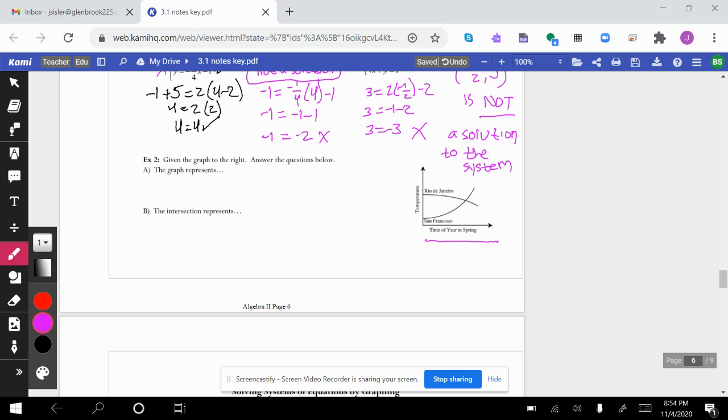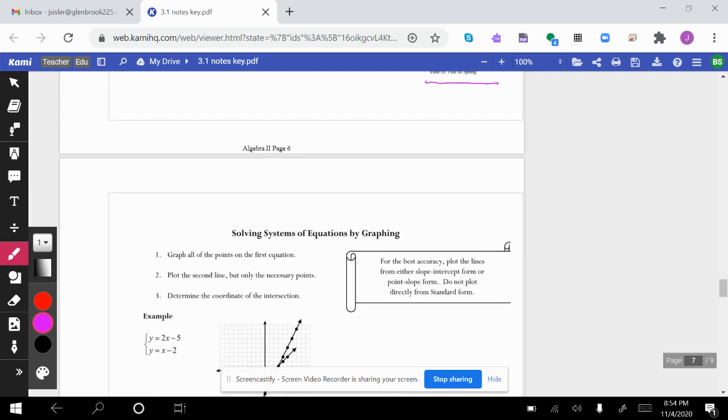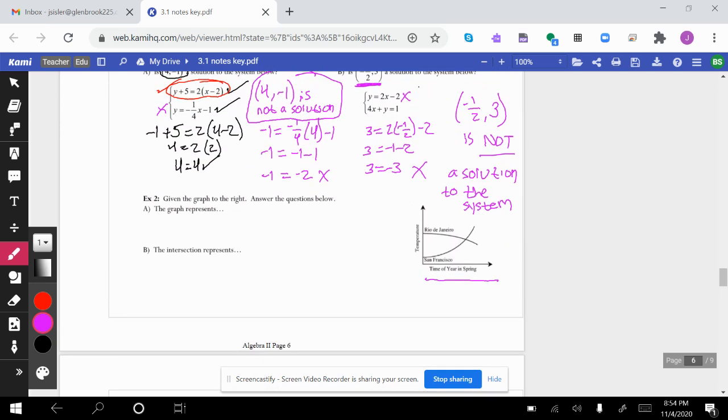Well, we're measuring the change in temperature over time, right?